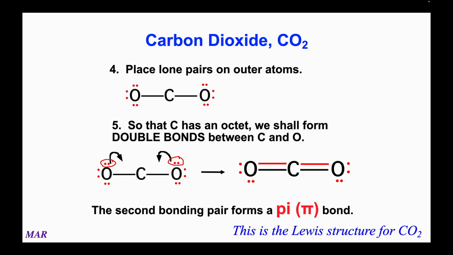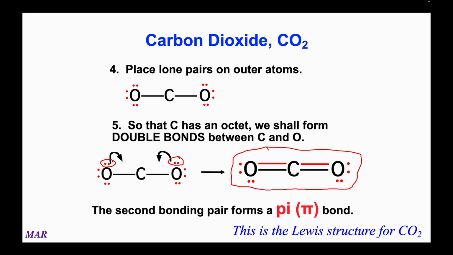So the structure here now on the lower right, this is the Lewis structure for carbon dioxide. And if you look at it for octets, your oxygens have 2 lone pairs and now 2 bonding pairs. So they have a total of 4 pairs total. They're totally happy. But now carbon has 4 bonding pairs, and that octet is really, really good.